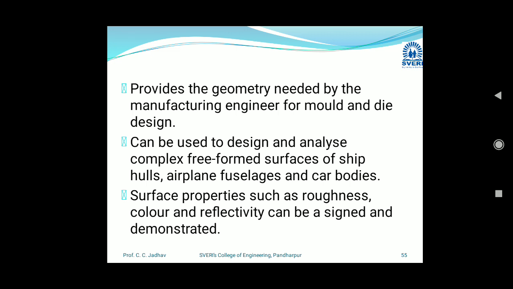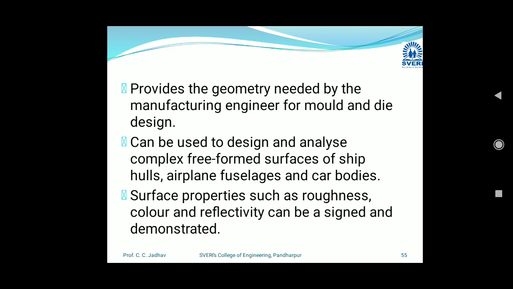It provides the geometry needed by the manufacturing engineer for mold and die design purposes. Further processes can be used to design and analyze these surfaces. Surface properties such as roughness, color, and reflectivity can be assigned and demonstrated.